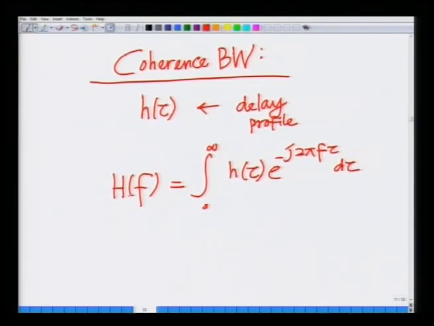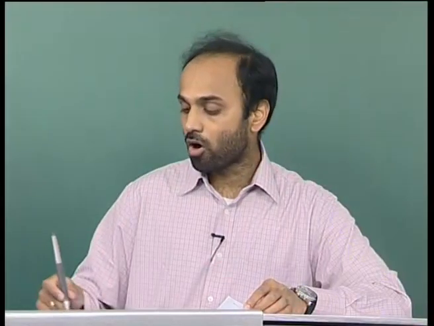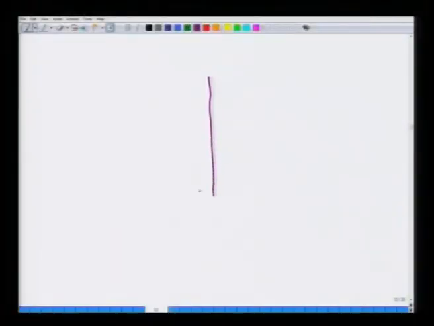So, I am looking at the Fourier transform of this delay profile, which is h of tau, or the impulse response of the channel. Now, let me plot that Fourier transform. Let us say it approximately looks like this.